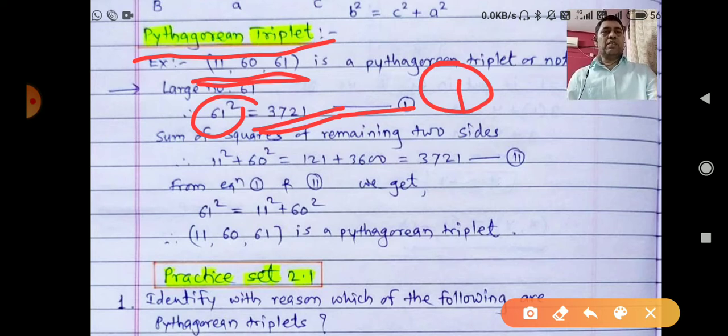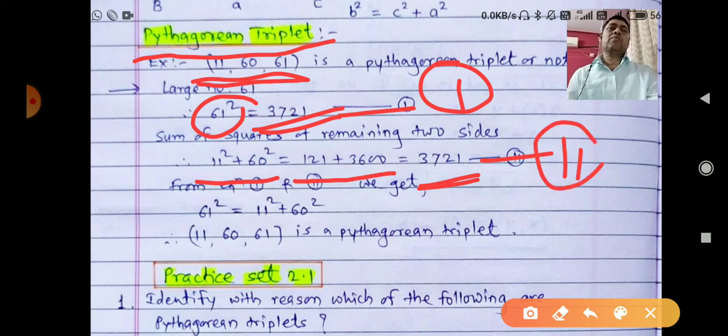Now the sum of squares of the remaining two sides. So 11 square plus 60 square is equal to 121 plus 3600. 11 square is 121. 60 square is equal to 3600. So the sum of these two is 3721. This is our second equation. Look carefully.